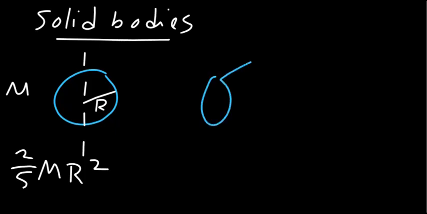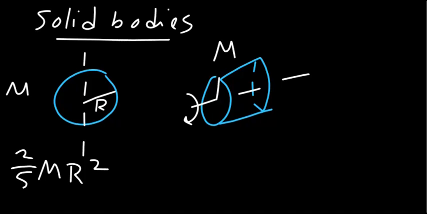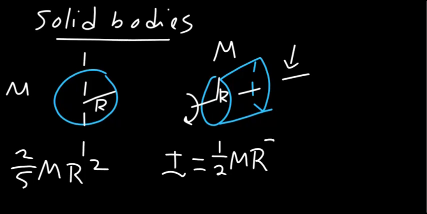Say you have a solid cylinder instead, and the axis is going through like that, and you want to rotate or spin the cylinder about the axis. In this case, if the mass of the cylinder is m and the radius of the cylinder is r, the moment of inertia for such a cylinder about that axis is half times mass times r squared. Now we are talking about a solid cylinder.